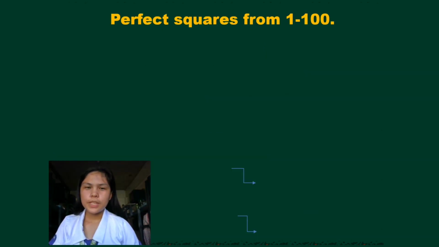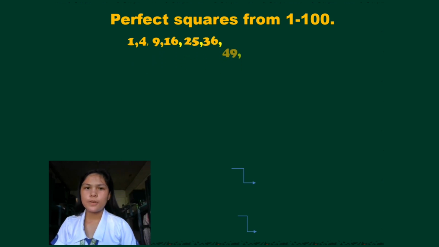Before we proceed to our examples, make sure that you are familiar with the perfect squares from 1 to 100. So we have 1, 4, 9, 16, 25, 36, 49, 64, 81, and 100.